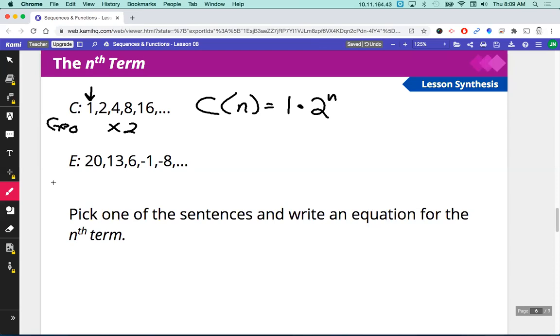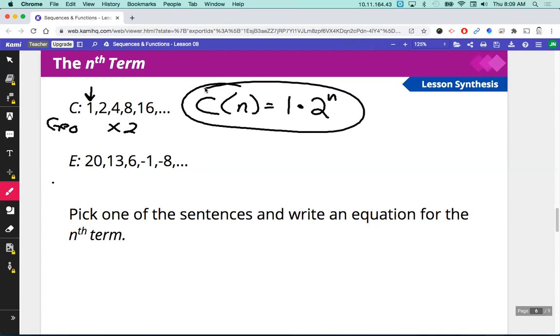You then take your growth factor, in this case a 2, and multiply 1 times that growth factor to the nth power. So C of n equals 1 times 2 to the nth power. This setup will work for all geometric sequences.